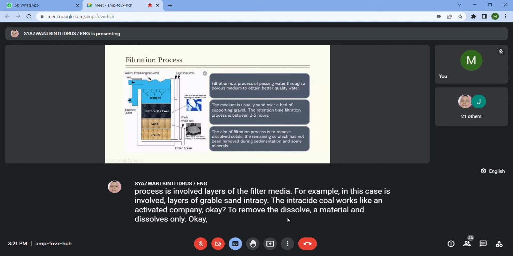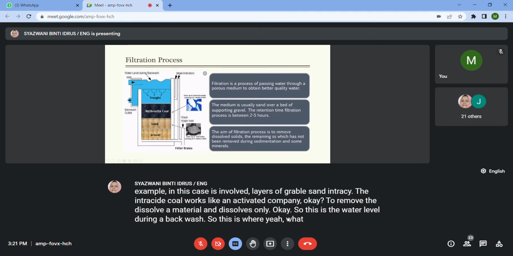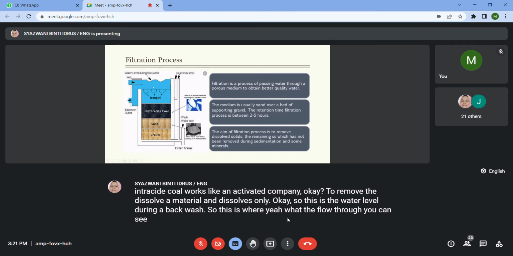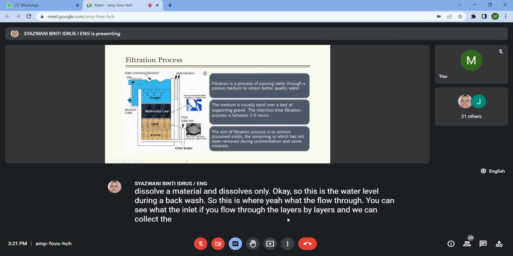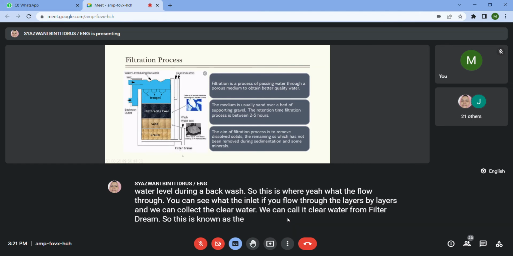So this is the water level during backwash. This is where water will flow through. You can see the water inlet, it will flow through the layers, and we can collect the clear water from the filter drain. So this is known as the filtered water.